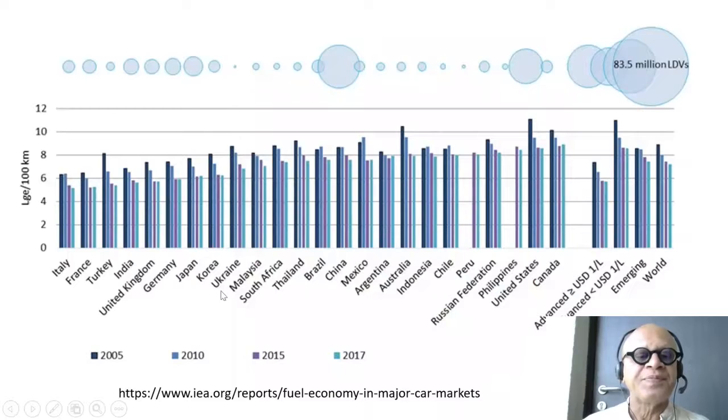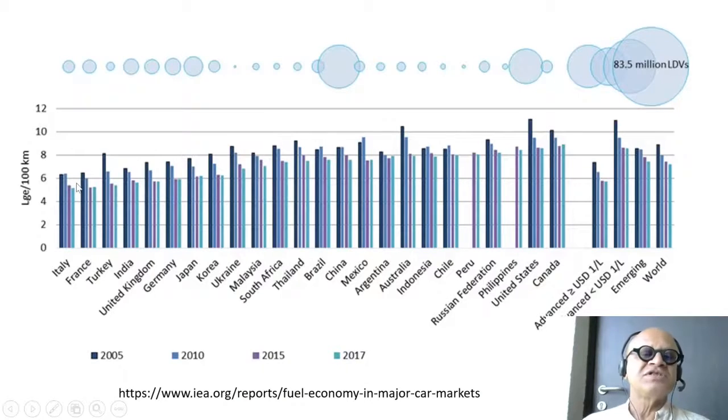Anyways, the bad news, just like when we talked about the Paris Agreement and the negotiations, which have gone on for 25 years, but the emissions have shown no sign of slowing down. The fuel efficiency, comparing different countries in different years, going from 2005 to 2017.